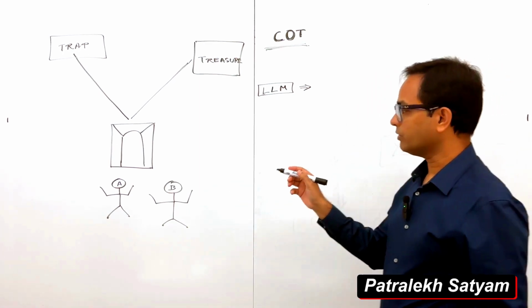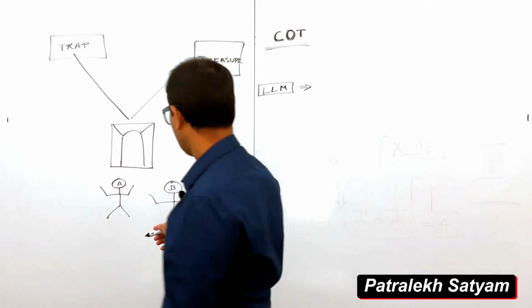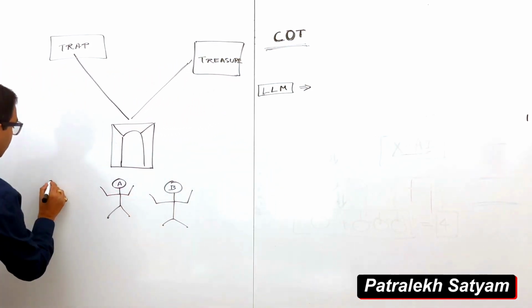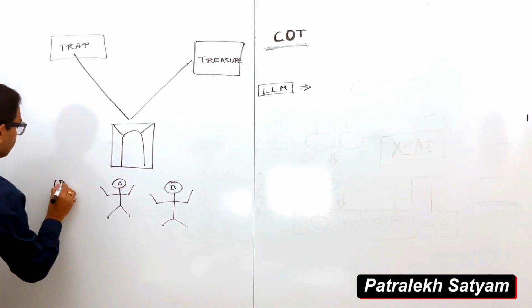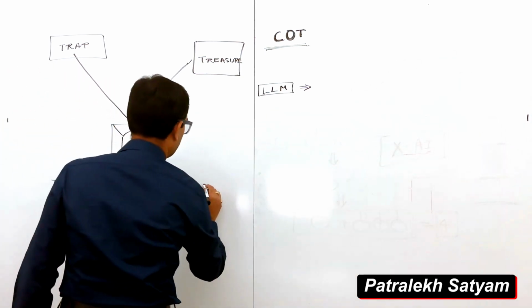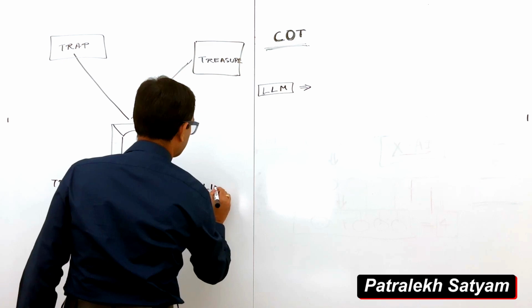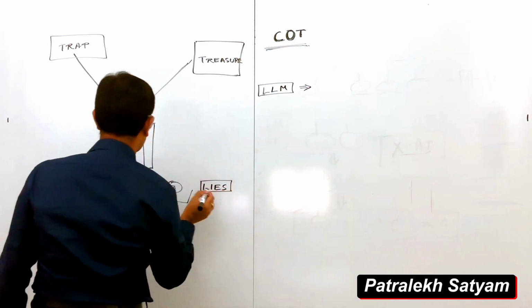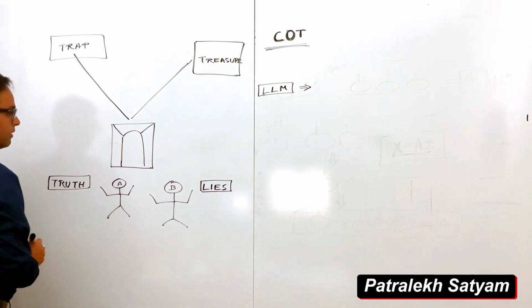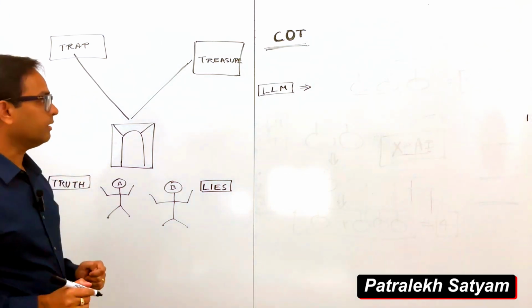And I forgot to tell you one thing. One of these guards always says the truth, never lies. And one of these guards always lies, never says the truth. But you don't know which guard is the truth teller and which guard is the liar, right?